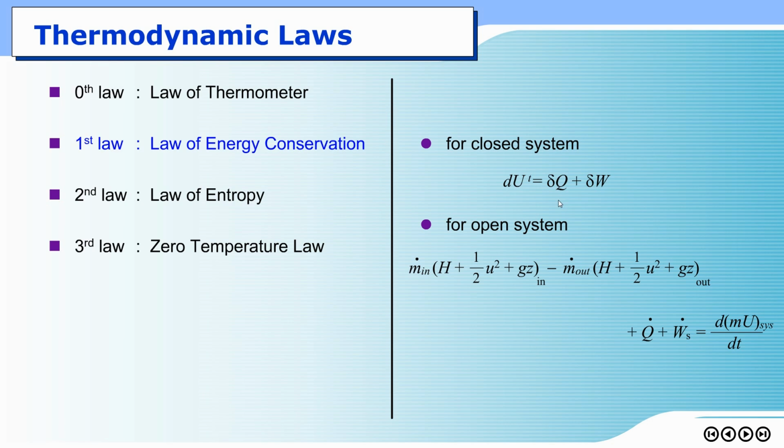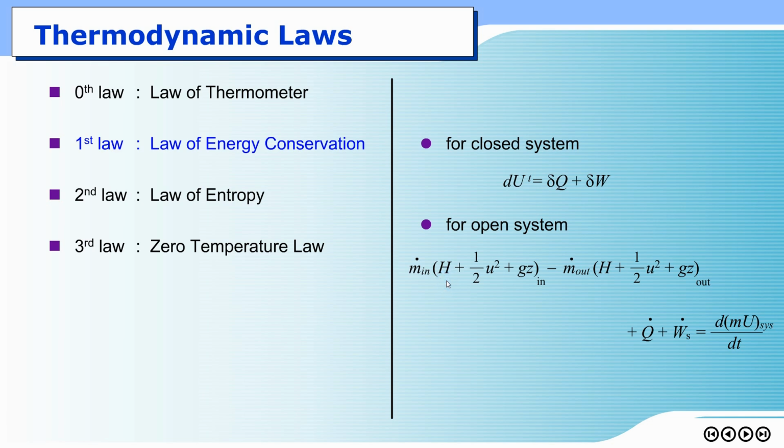For open system, where we have mass carrying energy together with the mass flow, you have to put energy in three forms: internal energy, kinetic energy, and potential energy together with the mass flow rate here. But if you rearrange the form to put the flow work together with internal energy, then that's the definition of this variable, enthalpy.